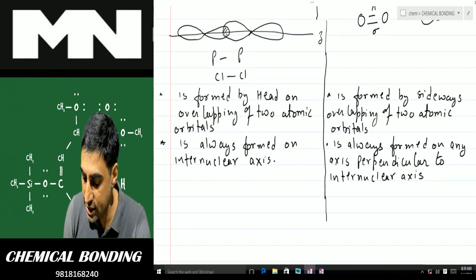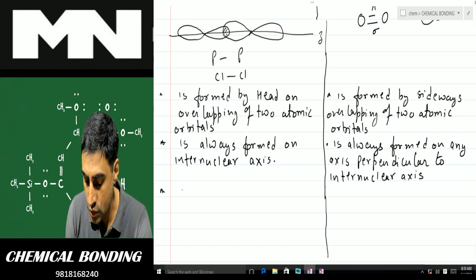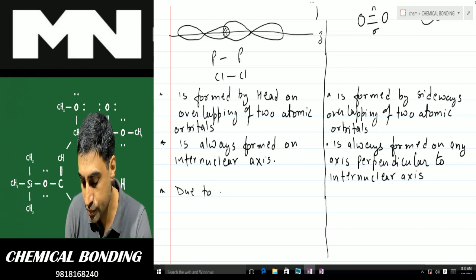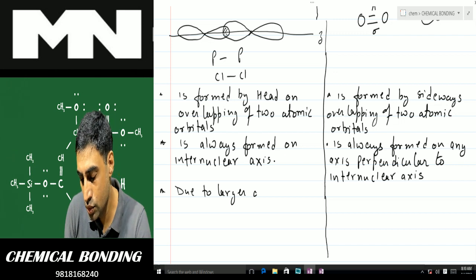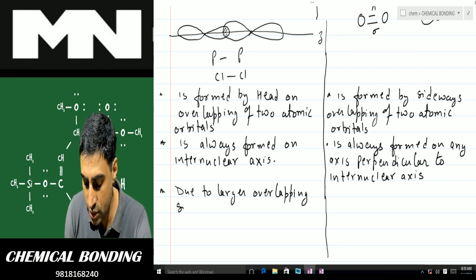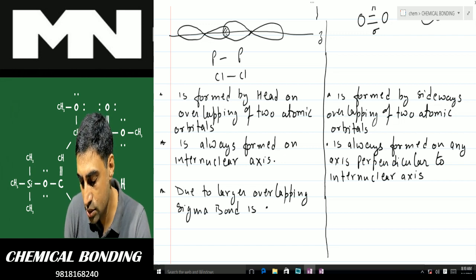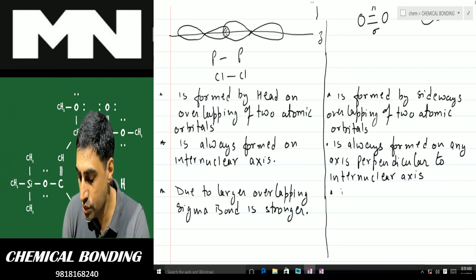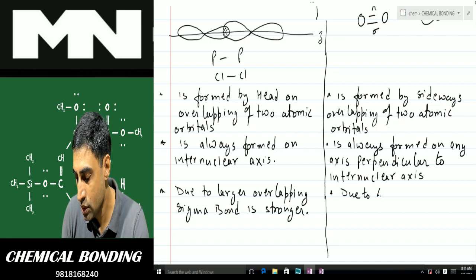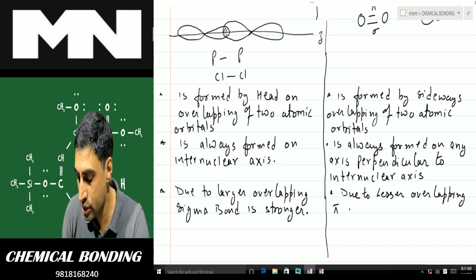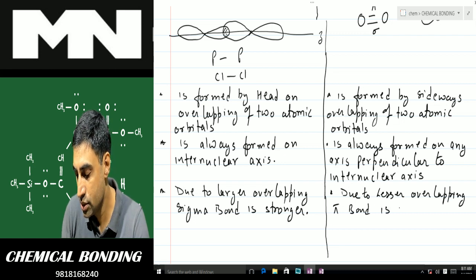In sigma bond, the extent of overlapping is larger. So, due to larger overlapping, sigma bond is stronger. Due to lesser overlapping, pi bond is weaker.